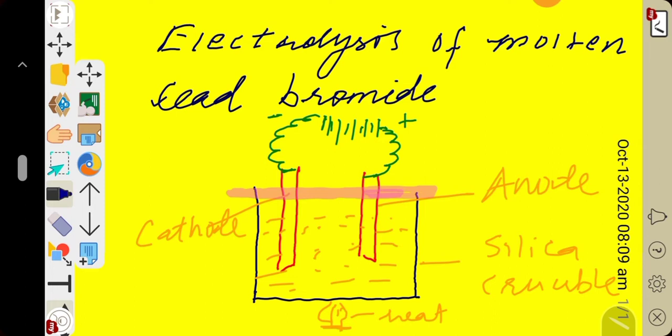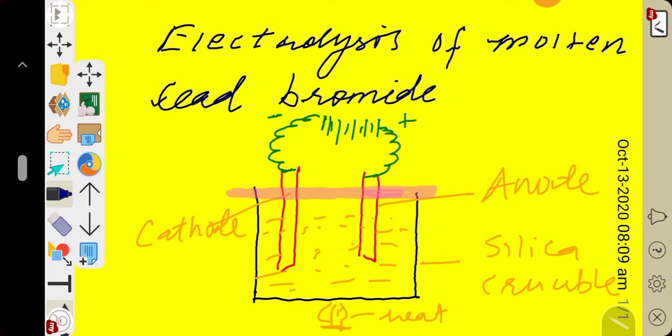So let us start. To perform the electrolysis of molten lead bromide, we have to set up the apparatus as I have represented in the diagram. I hope it is visible to you all.